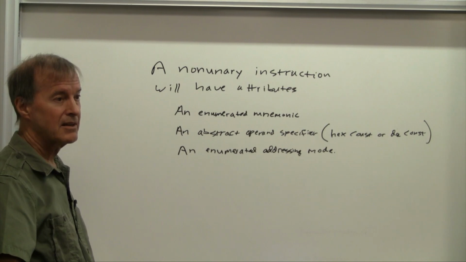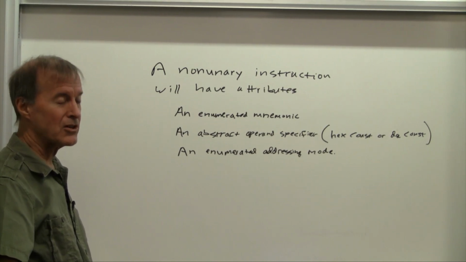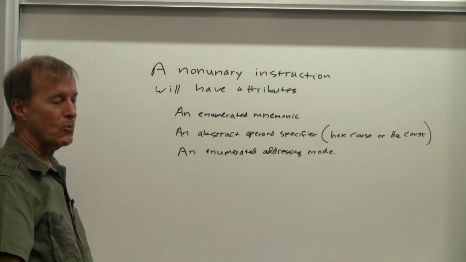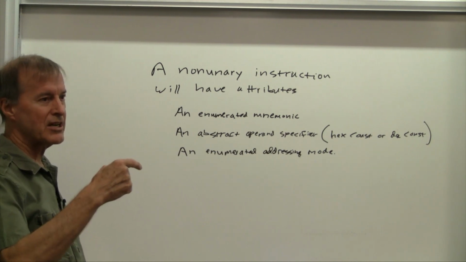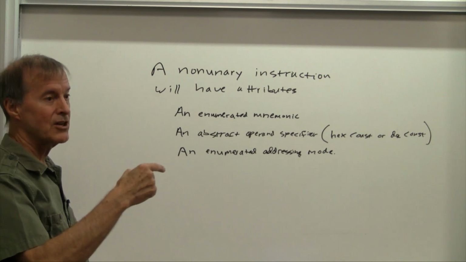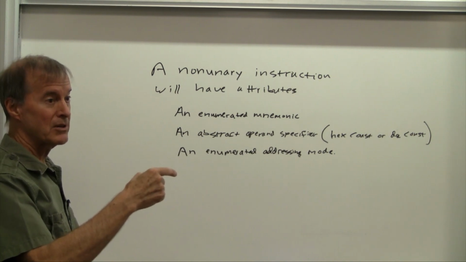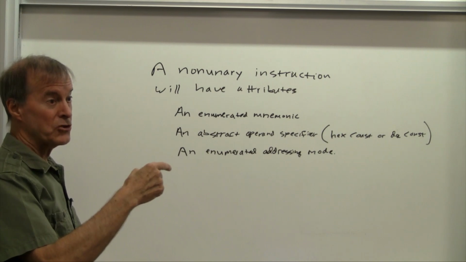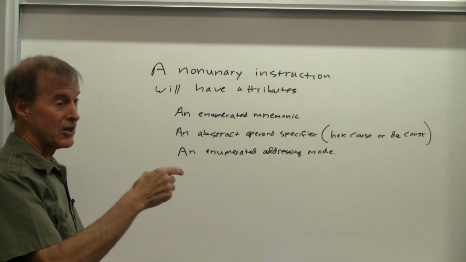So we'll have to have a check. Yes, you'll have to do that in code. In your finite state machine, if it's a non-unary instruction, you're looking for an addressing mode, and you don't get one, it could still be legal.